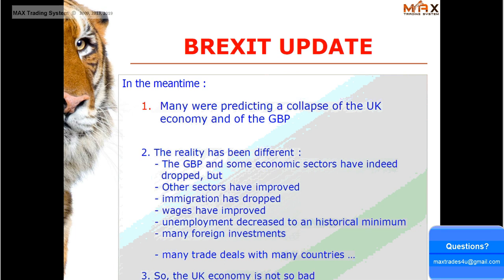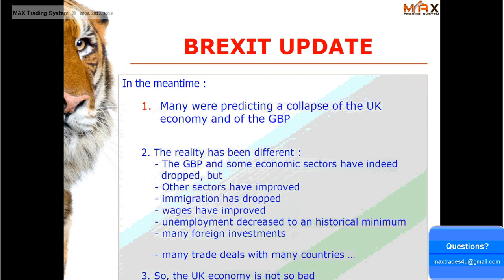Anthony is saying the FTSE is supported by the devaluation of the pound. Yeah, that's true, indeed, Anthony. And the reason is because a large part of the activities of the corporates in the FTSE are outside the UK. And so if these companies are making profits outside the UK and then they transfer their profits to the UK and change them in the UK, a devalued pound, of course, is favorable for the profits of these companies.